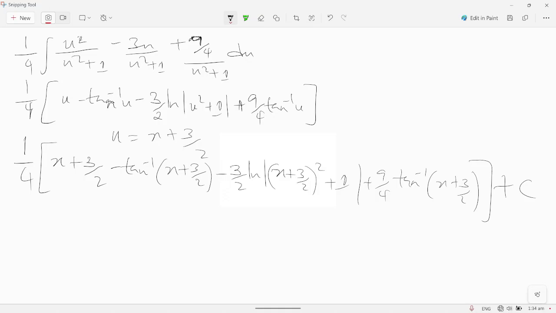Then one last part: there's a common thing, there's tan inverse here, and also there's tan inverse here. So negative 1 plus 9 over 4, the answer is simply 5 over 4.